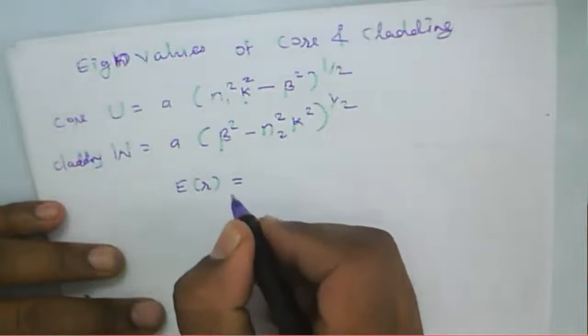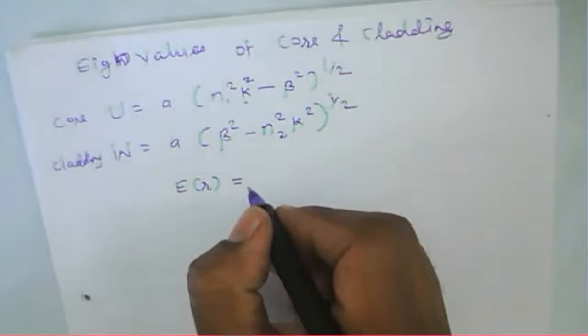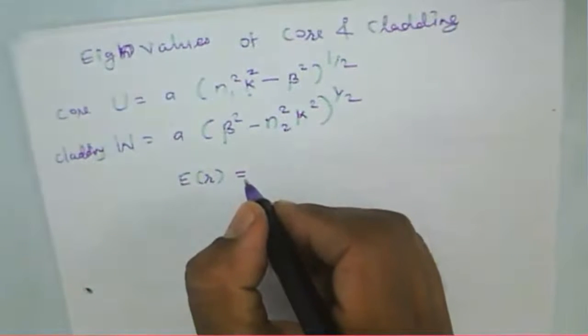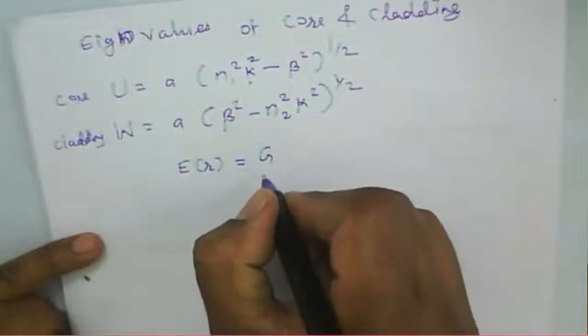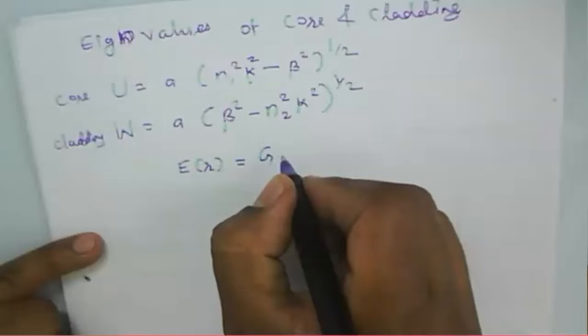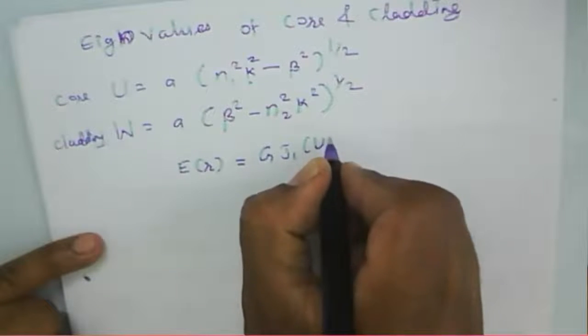So in that case, we can find out the electric field. We relate everything with respect to the electric field, so that we can say G is nothing but the amplitude, and J is nothing but the Bessel function values for U and R.